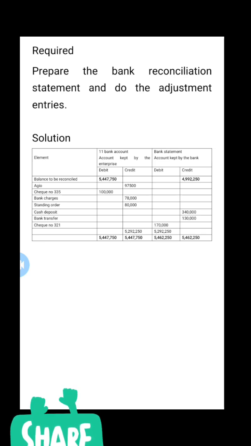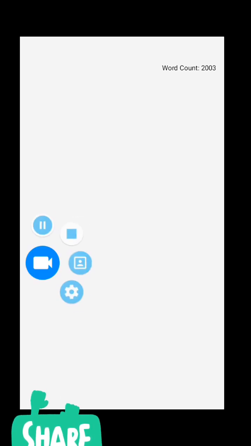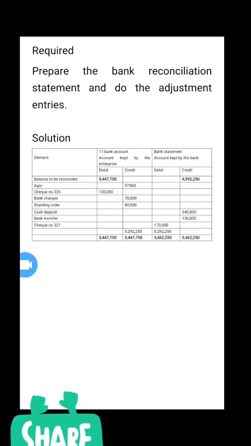So we carry now those elements that were not ticked on the debit side of the bank statement and put on the credit side of the bank account, and carry those elements that were not ticked on the credit side of the bank statement and put on the debit side, and vice versa to the bank statement.